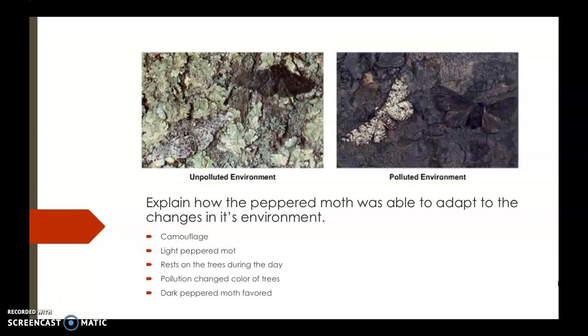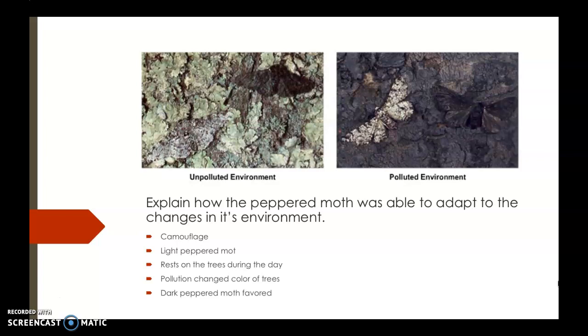So it's really all about the whole environment. The dark peppered moth can now hide during the day, but it also depends on how dark the tree is, because it can't hide on a light tree like the light peppered moth. So a general answer to this question is that it's all about the camouflage.